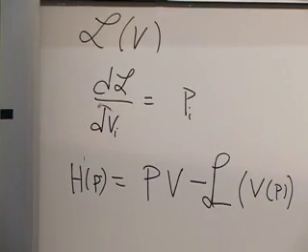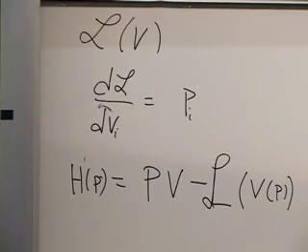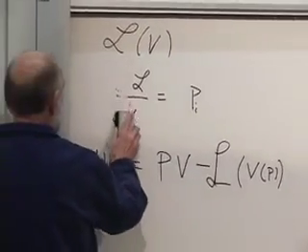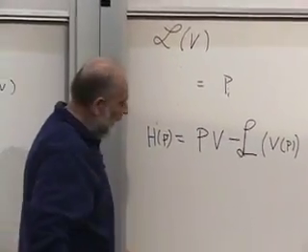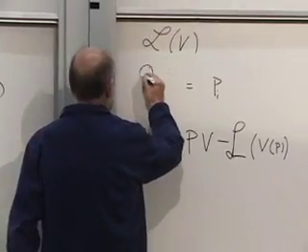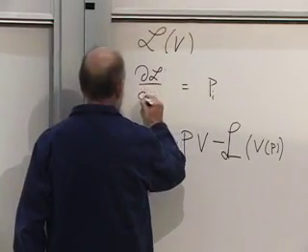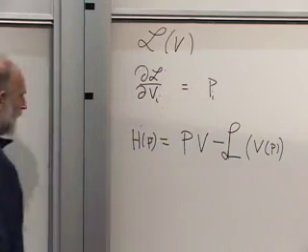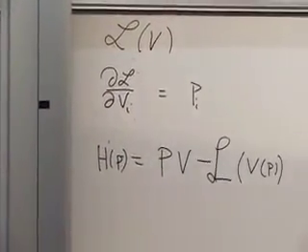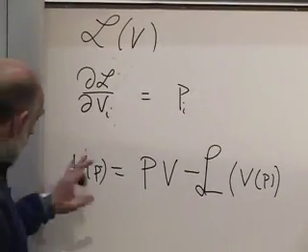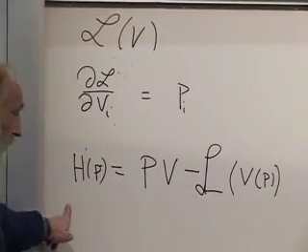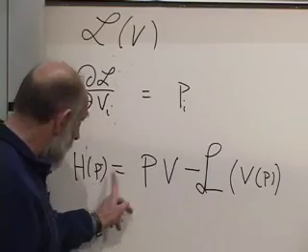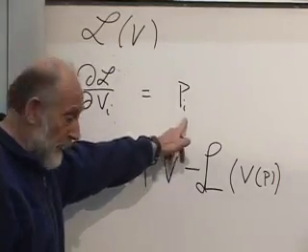Now, of course, we should use partial derivatives because I'm imagining many variables. Partial of L with respect to V sub I. That's P sub I. Definition at this point. Okay. Now we construct H of P. Not of a single momentum, but of a collection of P's.